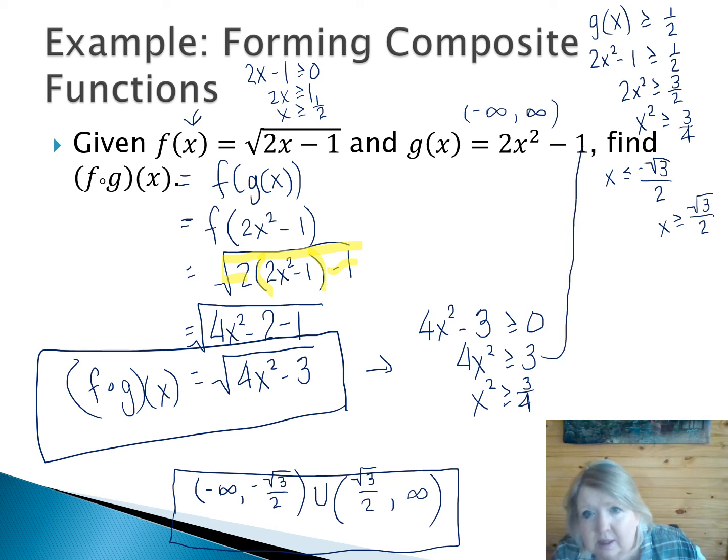Notice, I should have gone down to here. I end up with the same exact domain. Will it work that way every time? It will every time that g is a polynomial. Anytime I've got all real numbers for g, then yes, I can wait till I get to the end and find the domain of f composed with g and have the correct domain.